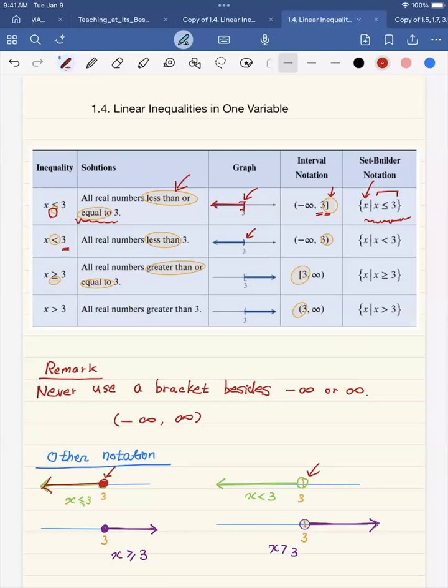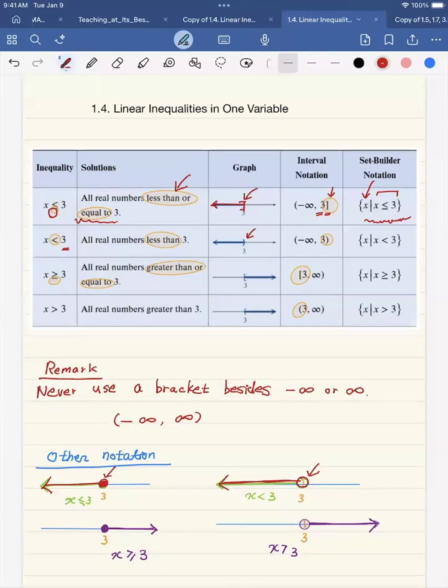That means that point is not included. And then we just use a thicker line to indicate which part of the number line belongs to that range.